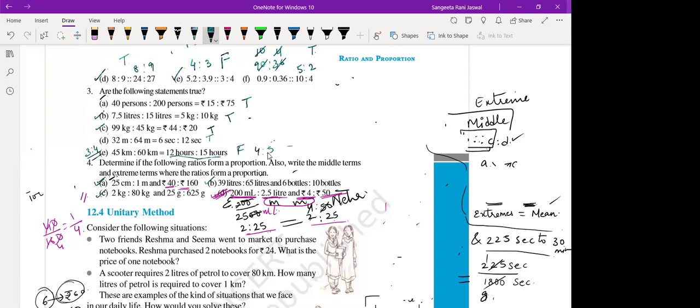So find the ratios whether they are in proportion and also find out the middle terms and extreme terms. Okay. Neha, you do the D bit. Okay, ma'am.